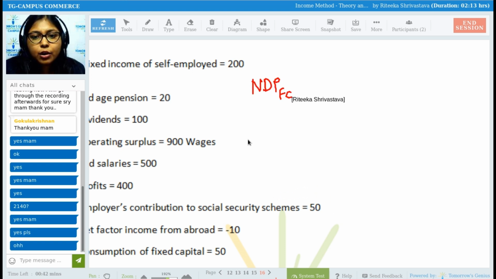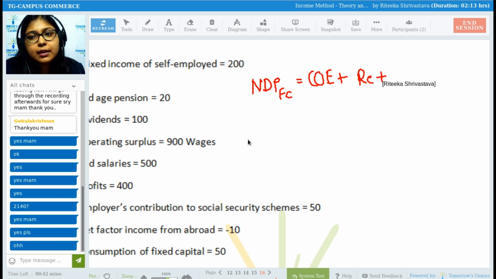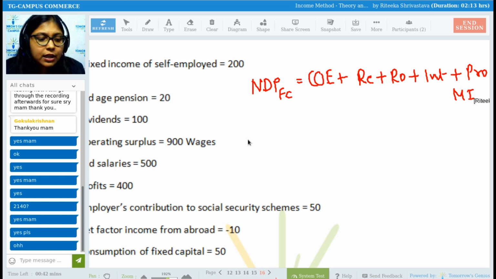So first of all, we will be finding out NDP at FC. Formula of NDPFC is compensation of employees plus rent plus royalty plus interest plus profit plus mixed income. Fine. Now see if compensation of employees is given to us directly in the question.